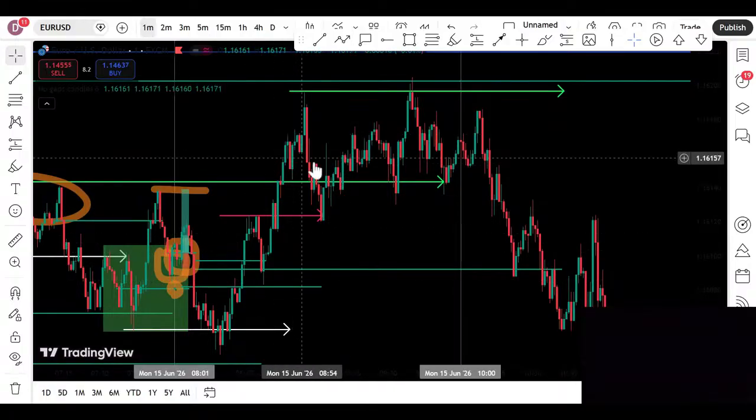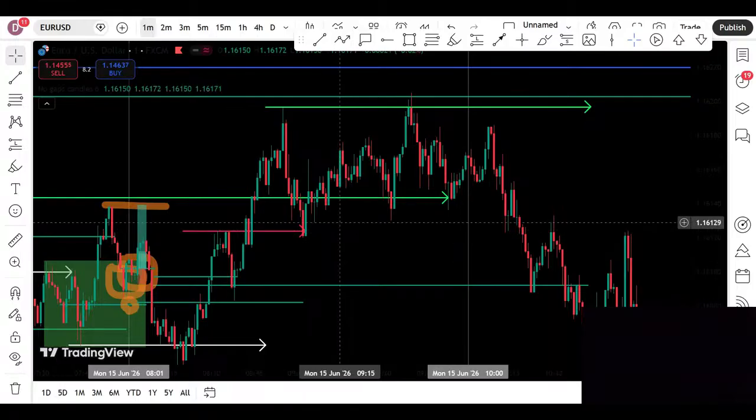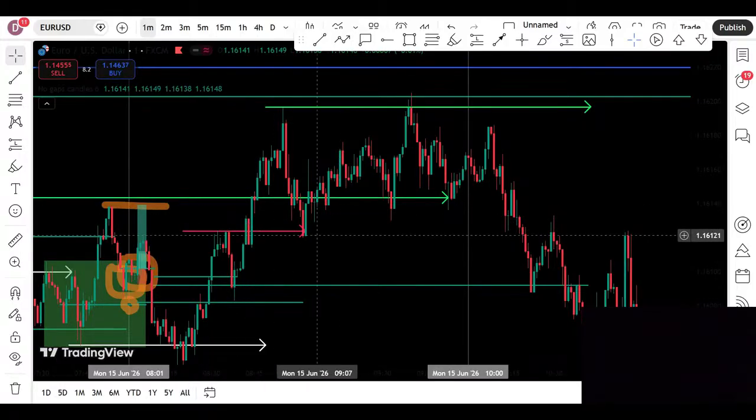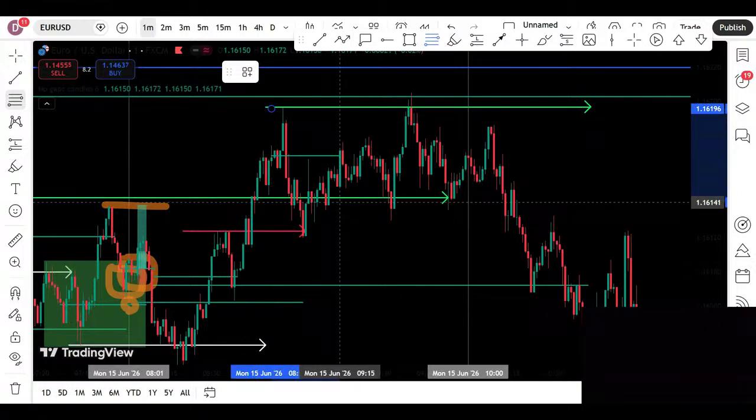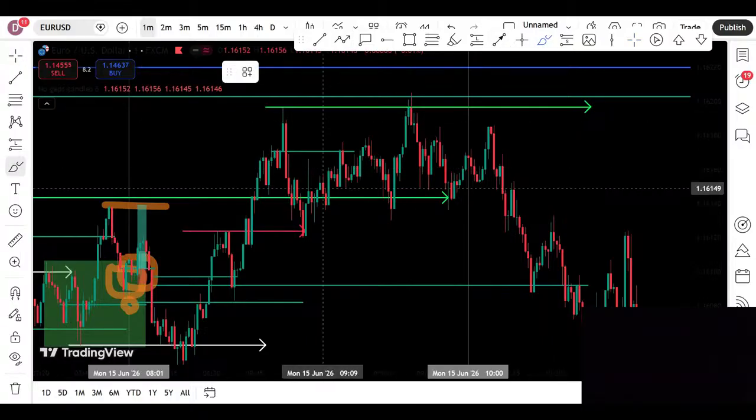So you see price came down, tapped back into this SND here. So you see what do we do here? We have zones.